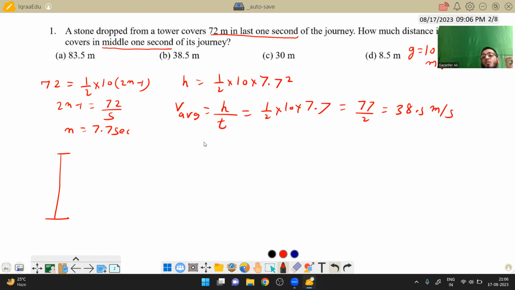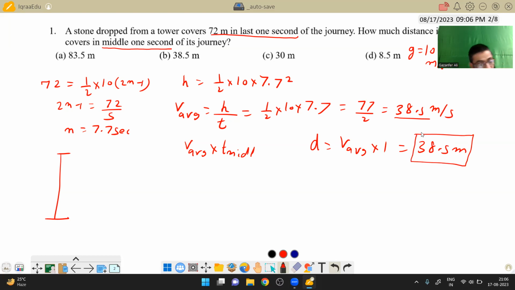If the particle is uniformly accelerated, then the distance traveled in the middle time is exactly V average into middle time. So if the average velocity is 38.5, then in the middle 1 second, it will travel the distance d is equal to V average into 1. That will be 38.5 meter.